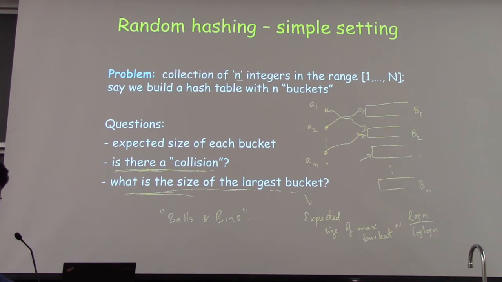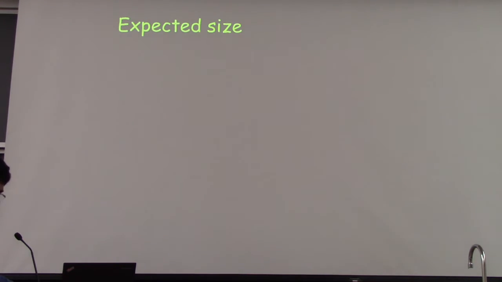All right. So let's see how you approach these kinds of questions. In the process we'll see some pretty broadly applicable techniques. First is the expected size of one bucket. I will use the words bucket and bin interchangeably.